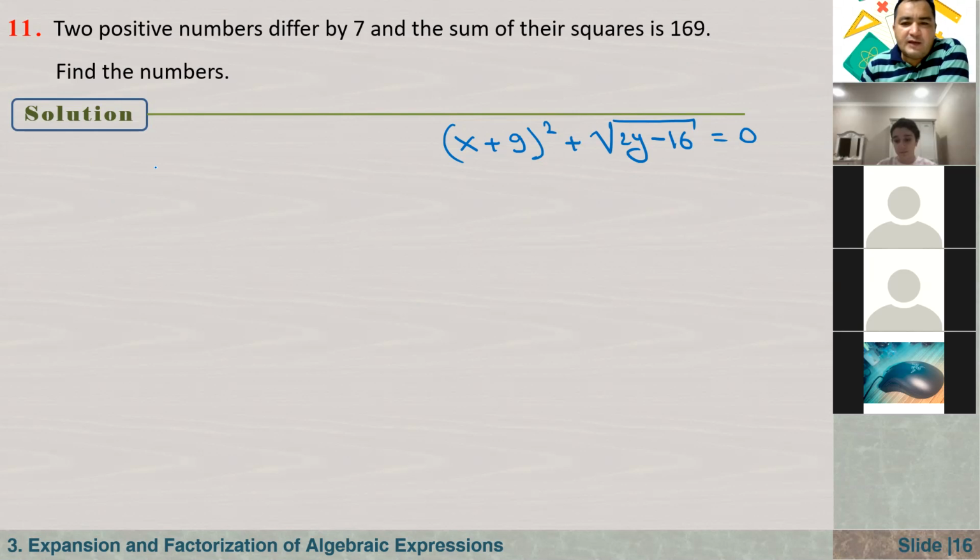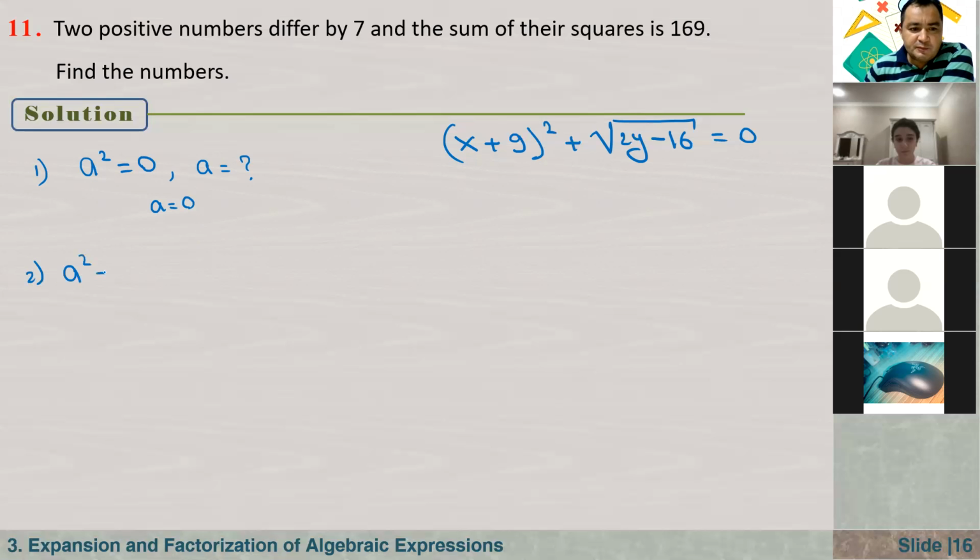Okay, Rifa, let me ask you this question, and after that, we will answer this question. Rifa, if a squared is equal to 0, what is a? 0. Very good. A must be equal to 0. Another question: if a squared plus b squared is equal to 0, what is a and what is b?